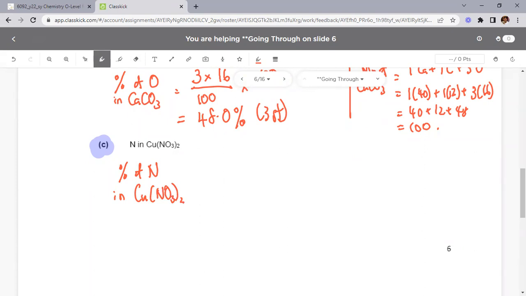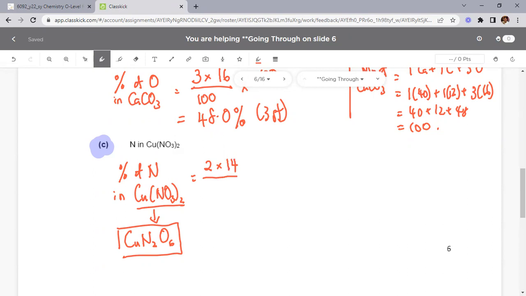So in actual fact, Cu(NO3)2 actually means that there's Cu N2O6. So there's 2 nitrogen, 6 oxygen. So this is when you really go and find out how many atoms of each element there is. So once I know this, it makes it easier, because how many nitrogen do I have? 2 atoms of nitrogen. The relative atomic mass of nitrogen is 14.